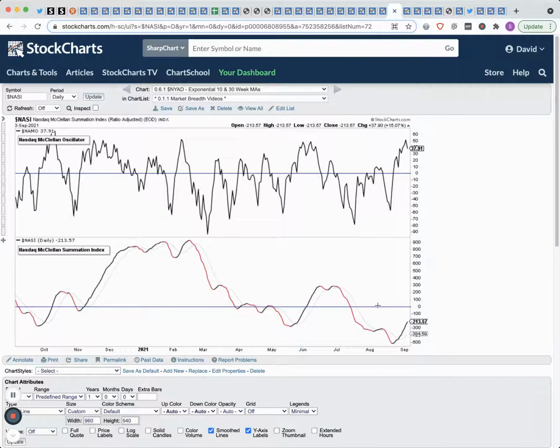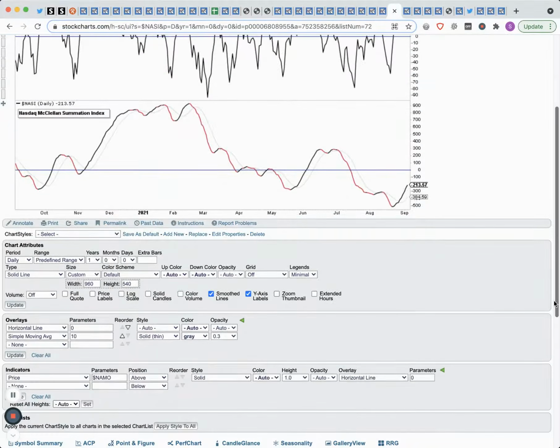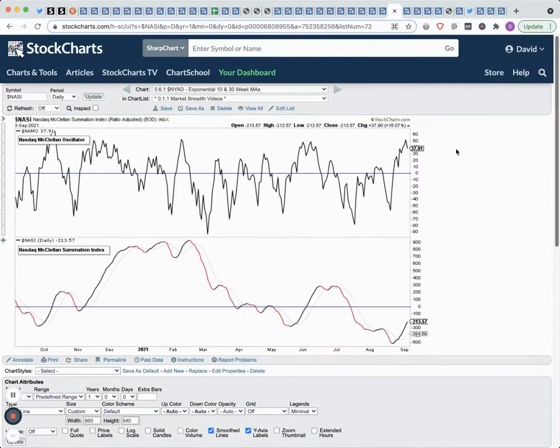So when it's below its zero line, it's more negative. But I apply a short-term moving average to it as well for short-term signals. I think it's a 10. What have I got on there? Yeah, a 10-day simple moving average. So when it's above that moving average, I consider it in a more bullish stance.